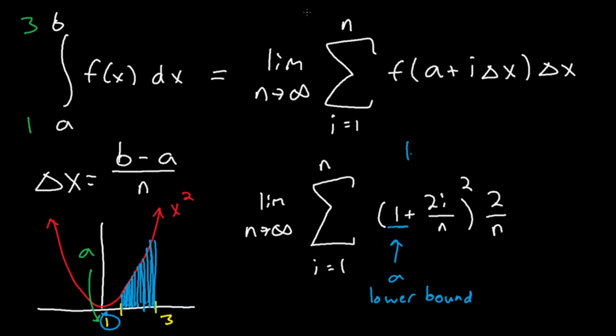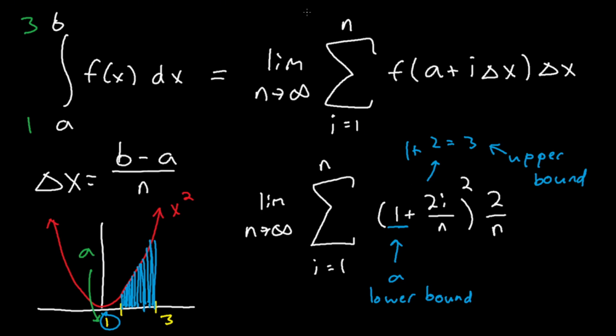So 1 plus 2 is equal to 3, and this is your upper bound. And you should see two of these 2's, because delta x appears twice inside of your limit sum definition.